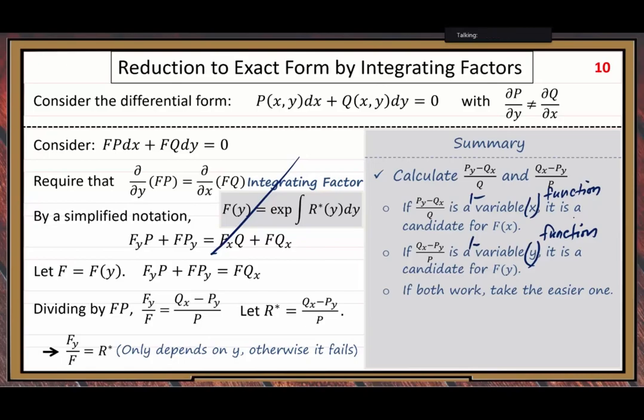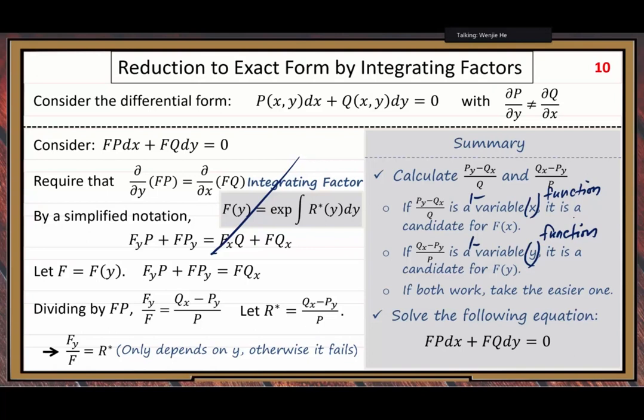If both work, then take the easier one. After you determine capital F, then you solve the exact ODE. So that's the summary for this method.